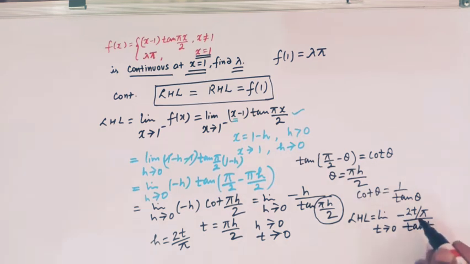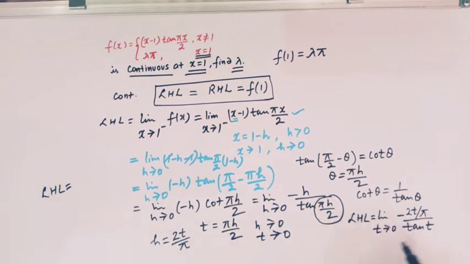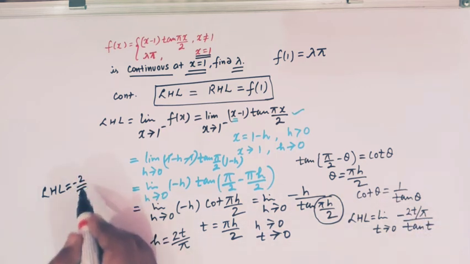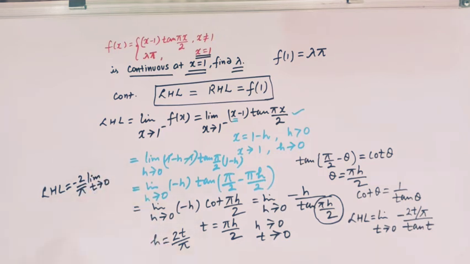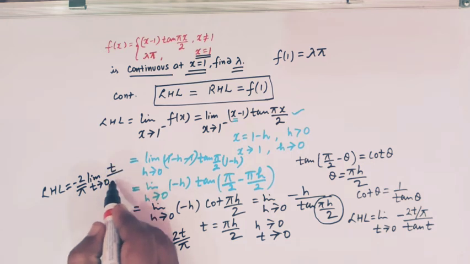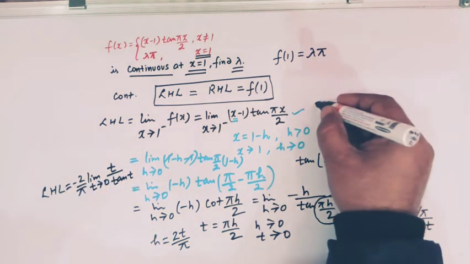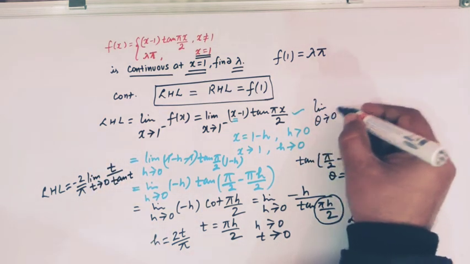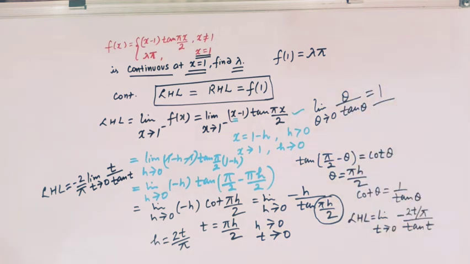Now this expression can be written as -2/π times the limit as t tends to 0 of t over tan t. Now we know the famous limit which says that the limit as θ tends to 0 of θ over tan θ is equal to 1.